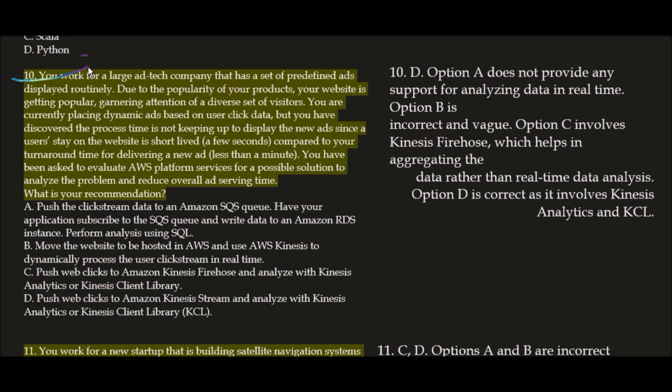Correct answer here is option D. Push clicks to an Amazon Kinesis stream and analyze with Kinesis Analytics or Kinesis Client Library (KCL). Because Amazon Kinesis streams and Kinesis Analytics or Kinesis Client Library are all included in analytics. Okay, so correct answer here is option D.